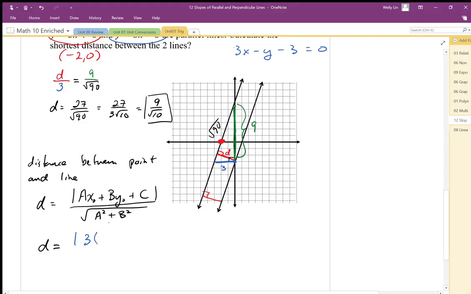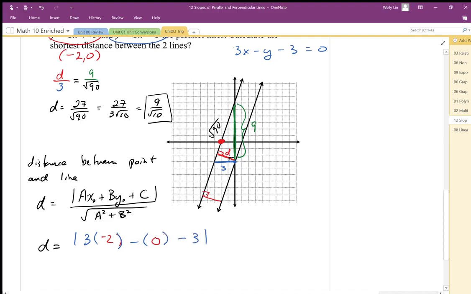So 3 times -2, plus b is going to be -1. So I'm going to go minus b, and then I'm going to plug in my y coordinate into that position. Okay, so 0, plus c, so that's going to be -3.